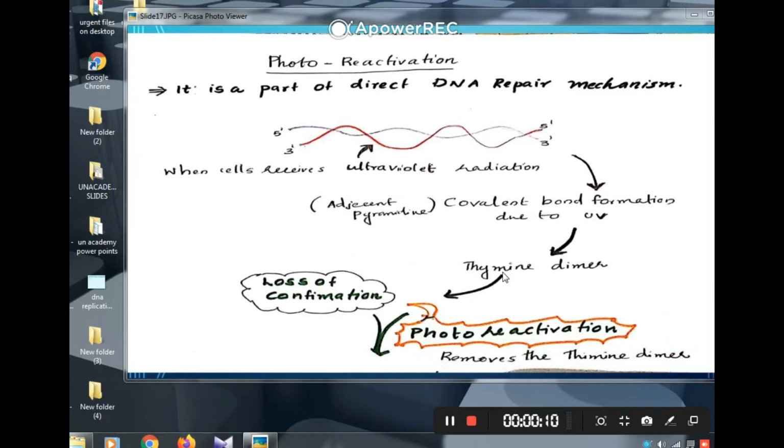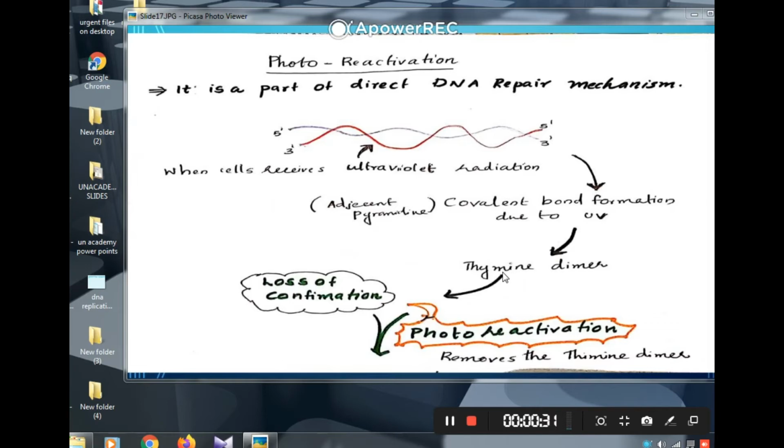That means it forms a pyrimidine dimer, or thymine dimer. Thymine is a pyrimidine, and the thymine dimer forms due to ultraviolet radiation.